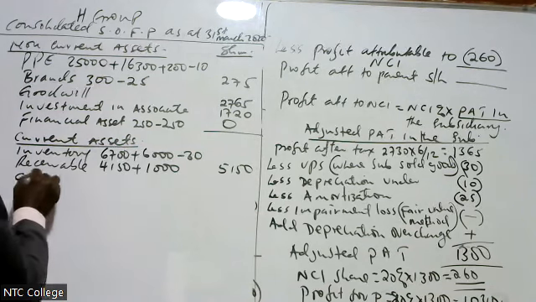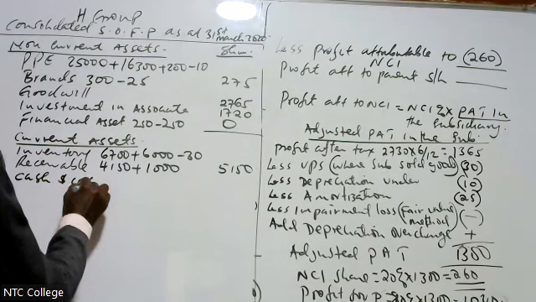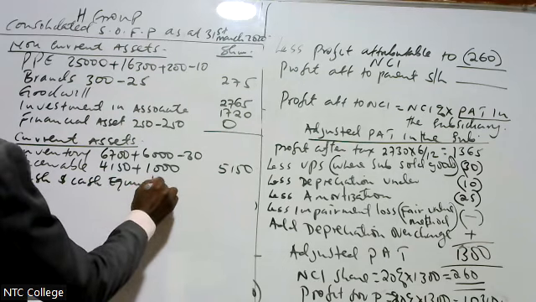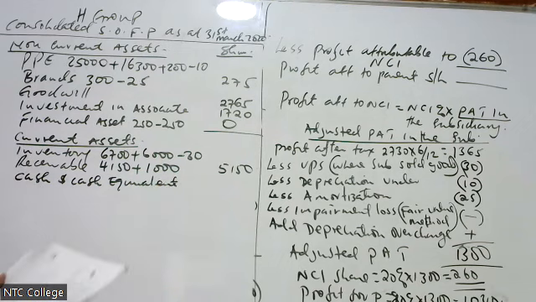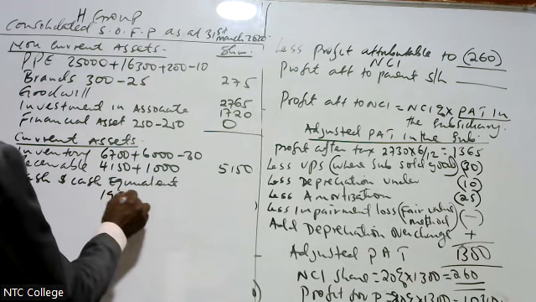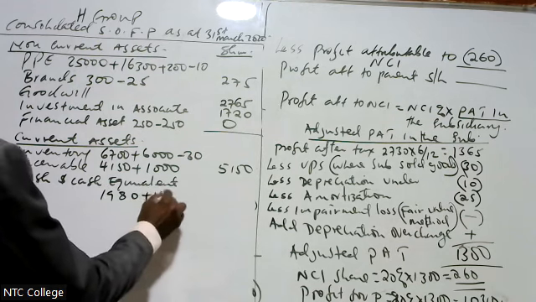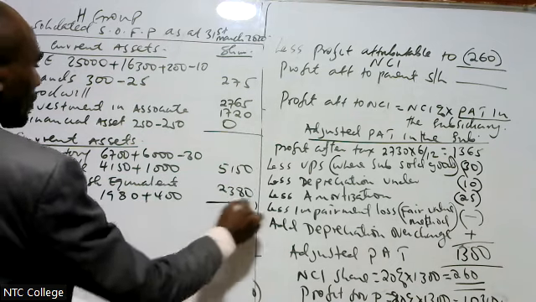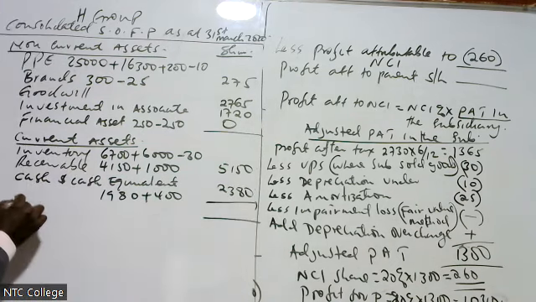Cash and cash equivalent, 1980 plus 400, that is 2380. Then you give me total assets.